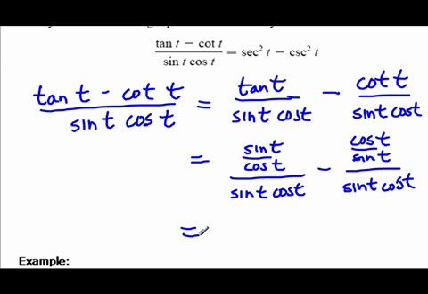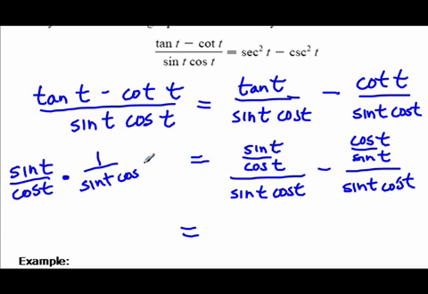So what happens is, what cancels out? Cosine. Now watch out. Both. We're going to take sine, let me show you again what's going to happen here. We're going to take sine t over cosine t, that's the numerator. And we're going to multiply it by 1 over sine t cosine t. Do you see what happens?